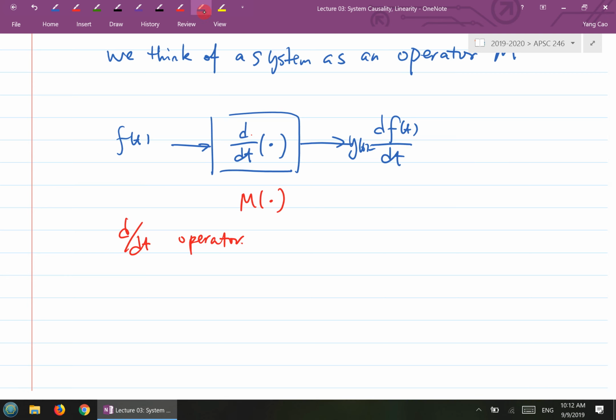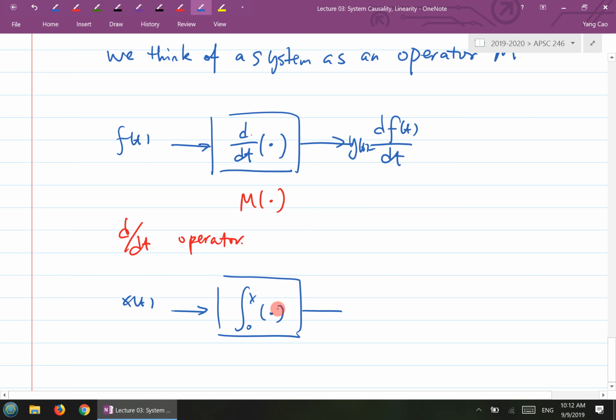Or similarly, you can have integration. If your input is x of t, and producing your output using an integration action, if you have the anti-derivative function, then it's the upper limit minus the lower limit as the output.